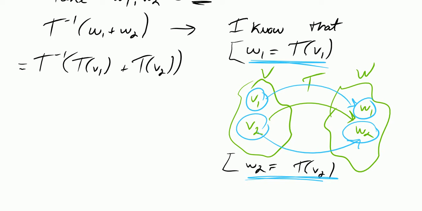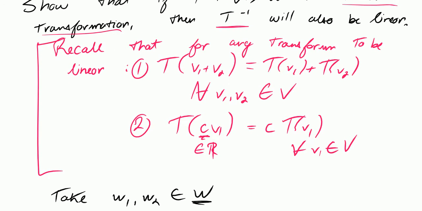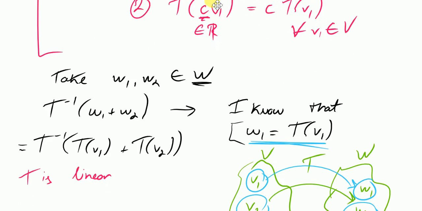Okay, but I know that T is linear, right? And remember what that means from here. From here, if T is linear, then T of V1 plus V2 is equal to T V1 plus T V2, right?